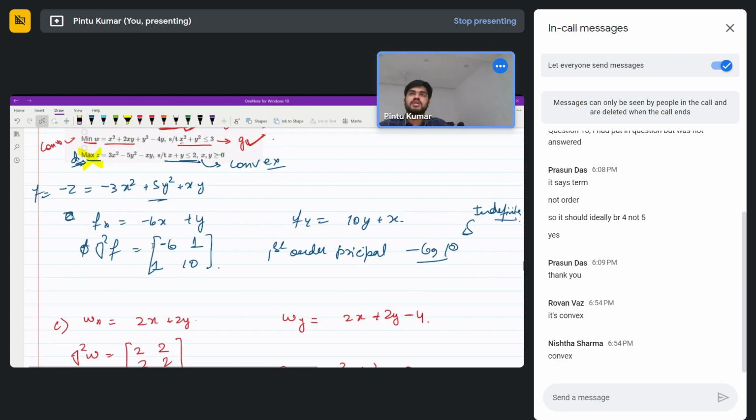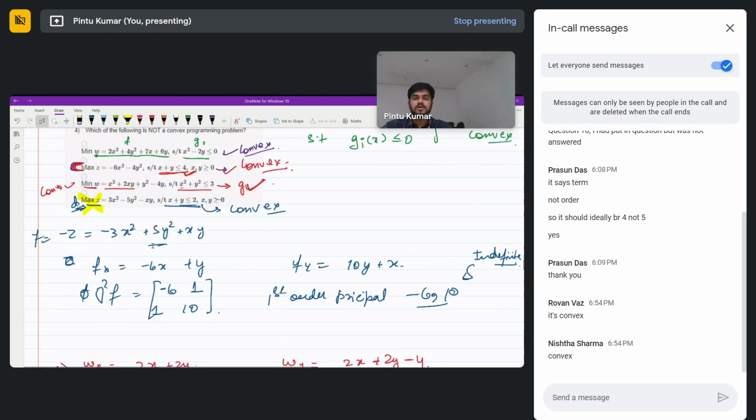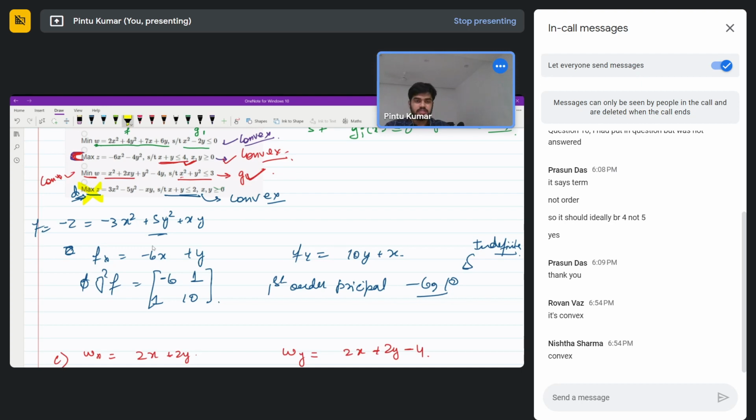Any doubt in this question? Anybody has anything? Indefinite matrix, explain. Okay, so indefinite means it is not positive semi-definite or negative semi-definite.